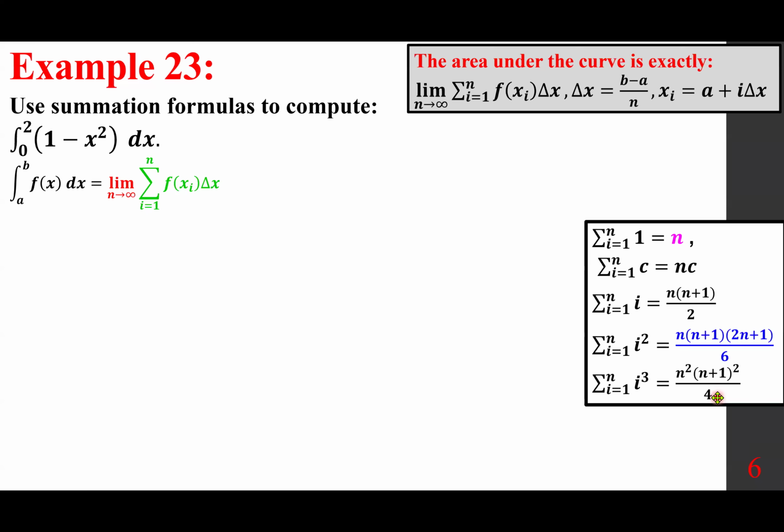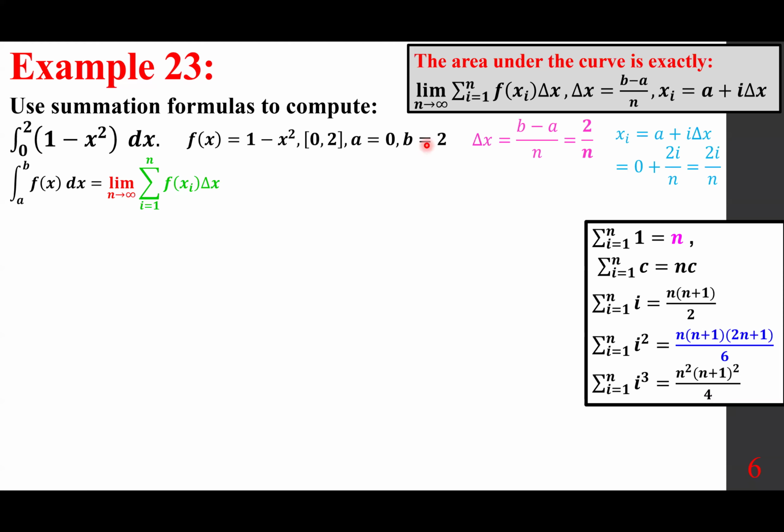So let's work on this integral using the summation, although ultimately we use the easy way out known as FTC. But for now, f of x is 1 minus x squared. It is from 0 to 2, a is 0, b is 2. So delta x is b minus a over n, which means 2 over n. x sub i is a plus i delta x, which means 0 plus 2i over n, or 2i over n.